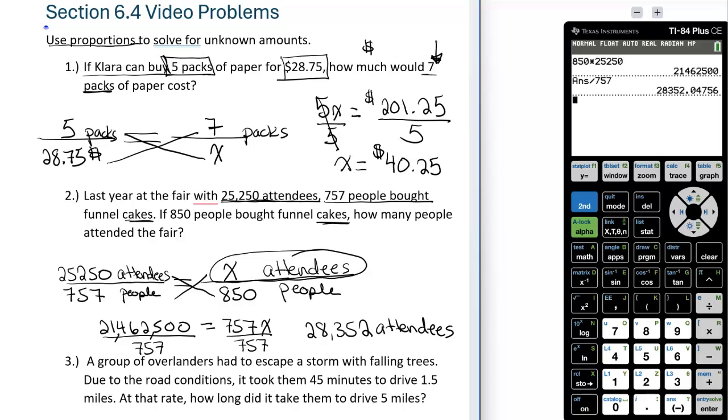And here, especially since attendees and people mean the same thing, in this case we're talking about an entire group, that's the attendees, versus the part of that larger group that did something, which in this case was buying funnel cakes. So having pre-labeled it and being able to go back and see what unit is sitting next to the variable can be super helpful.